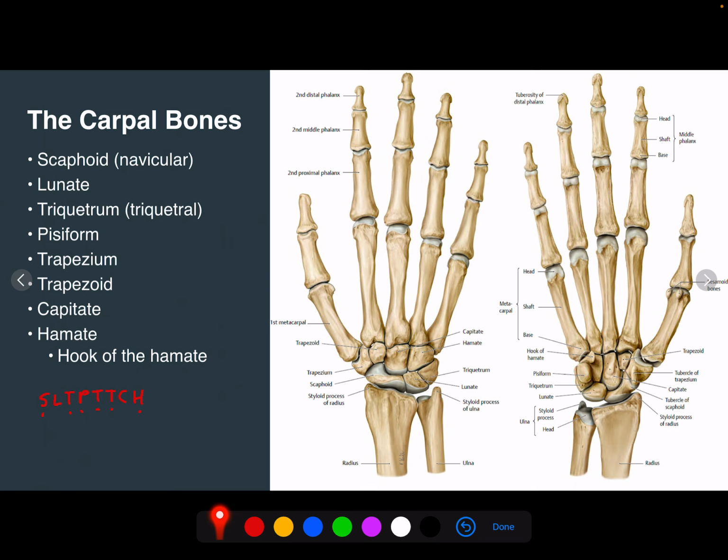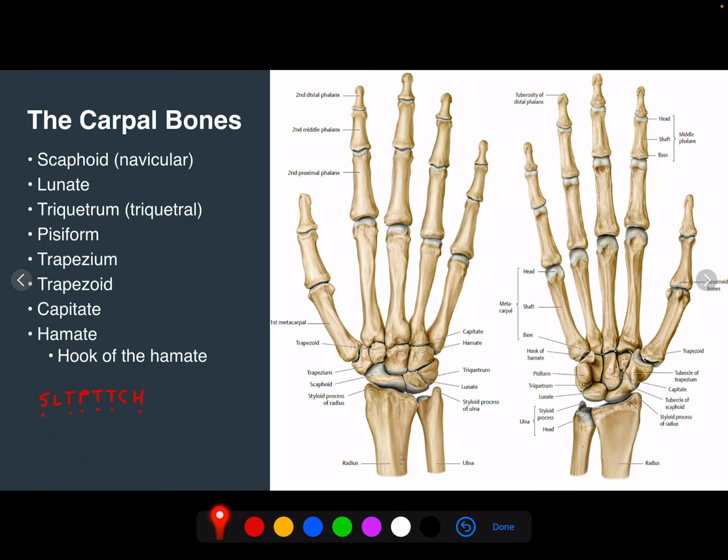The pisiform is a sesamoid bone, so it sits within the tendon of the flexor carpi ulnaris, okay? But we have, once again, our scaphoid, lunate, triquetrum, trapezium, trapezoid, capitate, hamate.